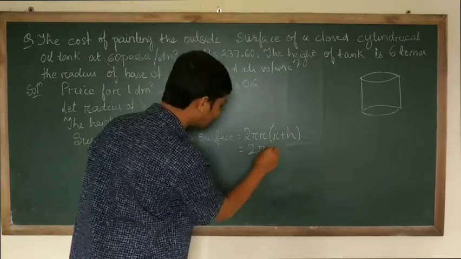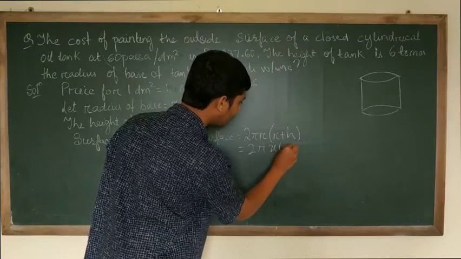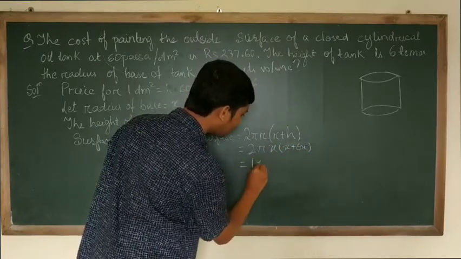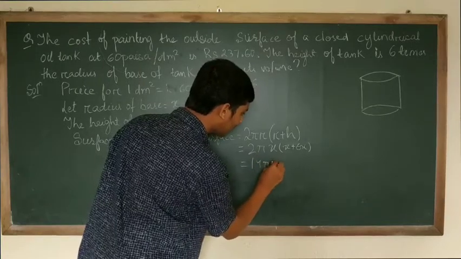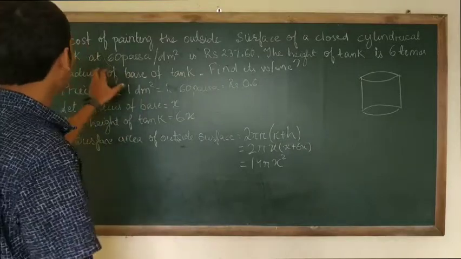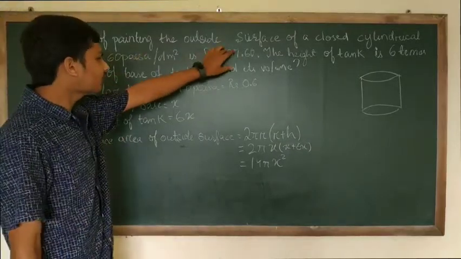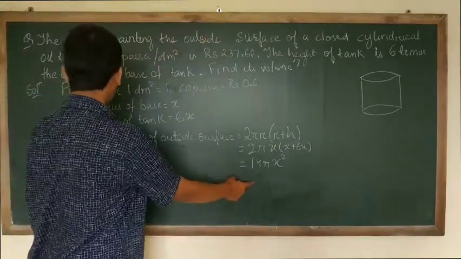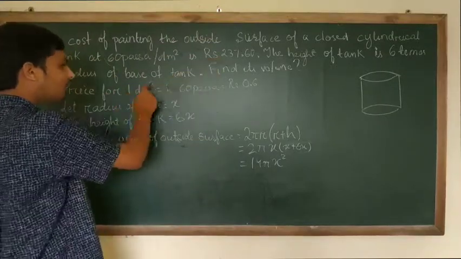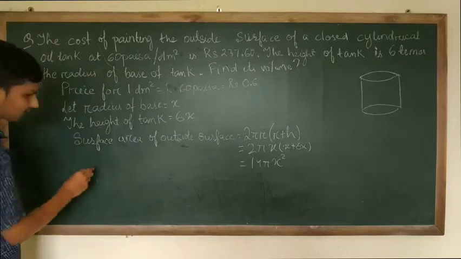We have x plus 6x, which is going to be 14 pi x square. The total cost is this surface area multiplied by the price for 1 dm square. The total price is given.